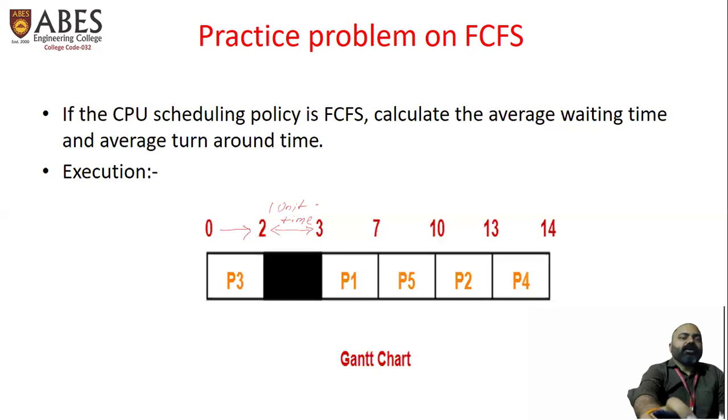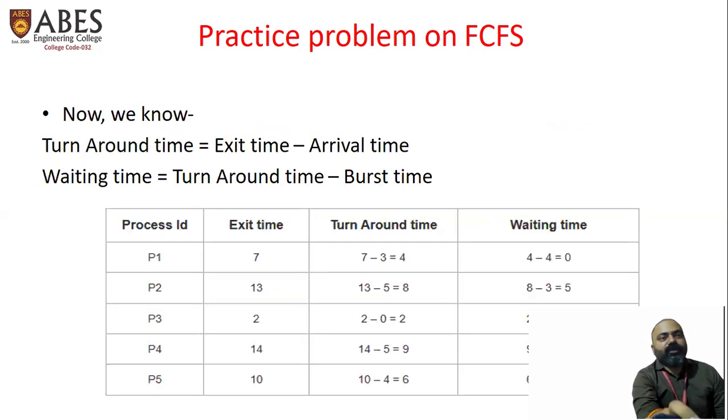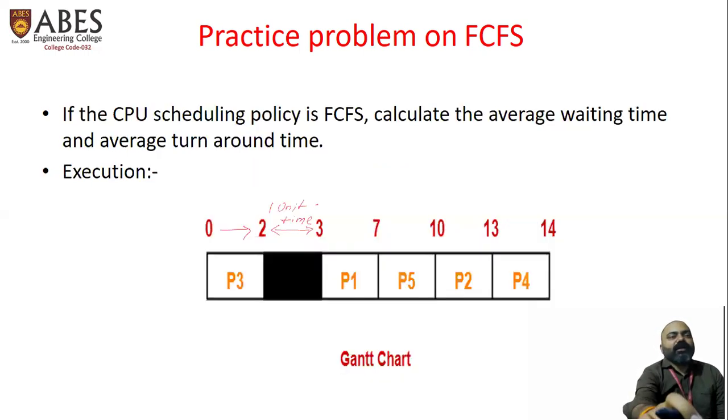Now it is very easy to find out the individual waiting time and individual turnaround time using this Gantt chart. Here you can see this is another method using exit time. So what is the exit time? Exit time or completion time. For P3 it will be 2. For P1 this will be 7.